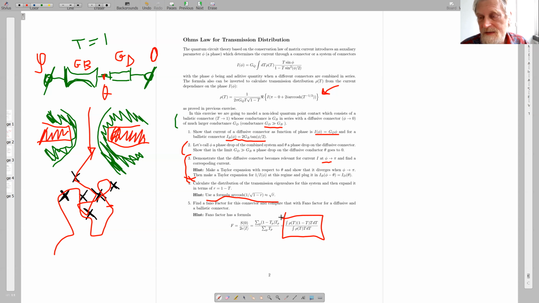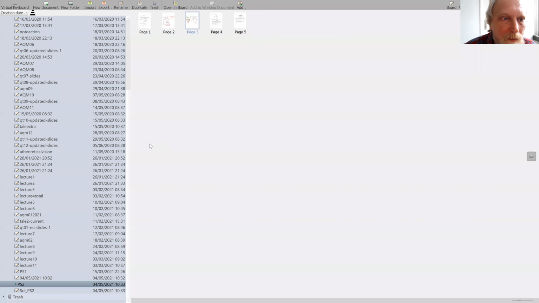So again, there's a formulation, and now it's something more practical. It's a small exercise in quantum circuit theory, of transmission distribution, and we're going to make it point by point. So let me switch to the solution.